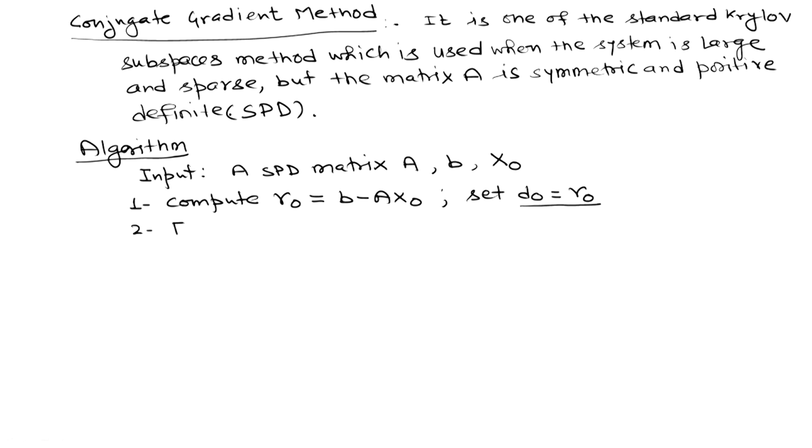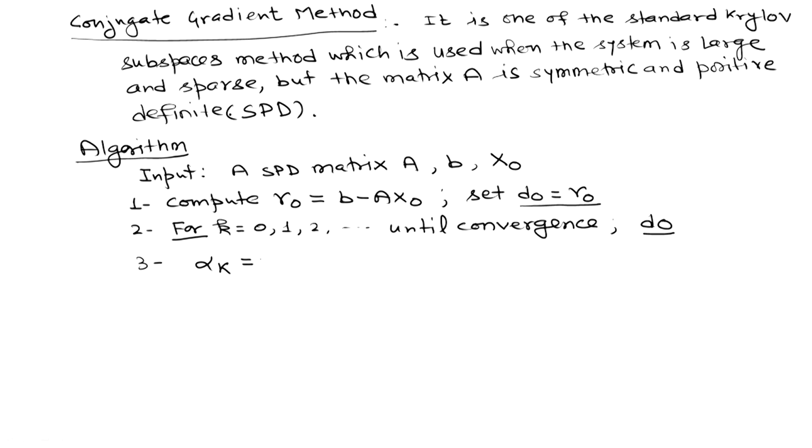Now, for k equals 0, 1, 2 until convergence, do: calculate alpha k, that is the step length, which is again same as in case of steepest descent.